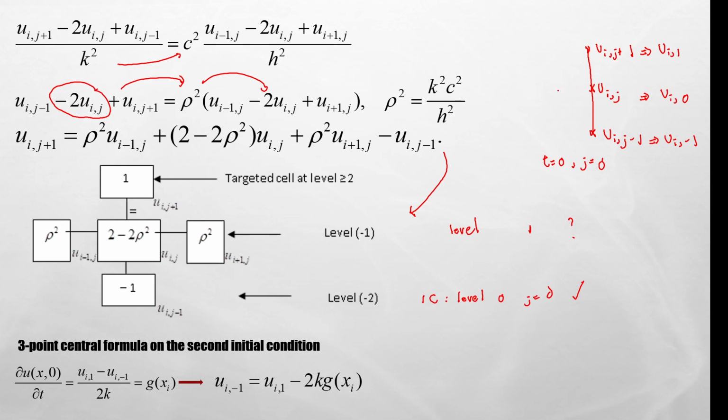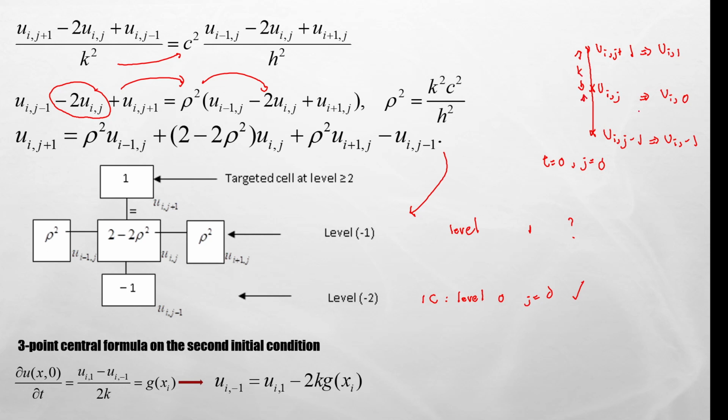Then we use the 3-point central formula for the first derivative. For the 3-point central formula, we are standing here at u_{i0} because t equal to 0. Then you take the point ahead, which is u_{i1} minus u_{i,-1}. From u_{i1} to u_{i0}, this is k.